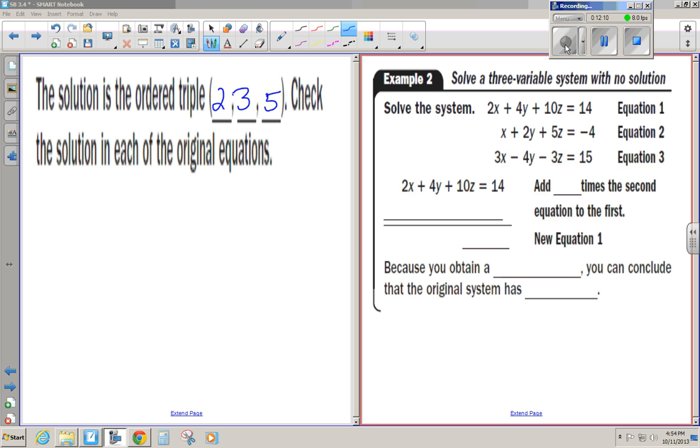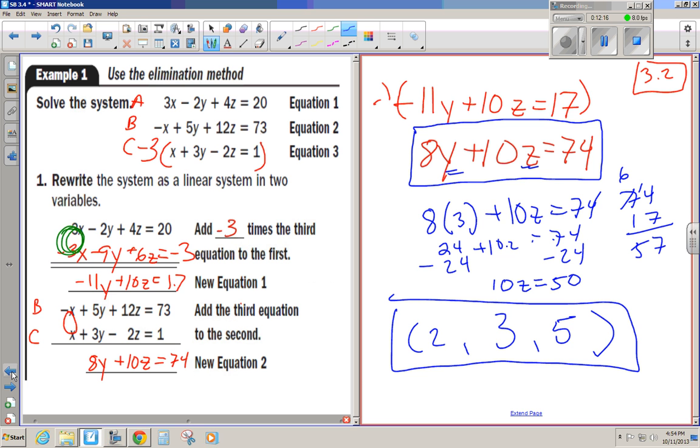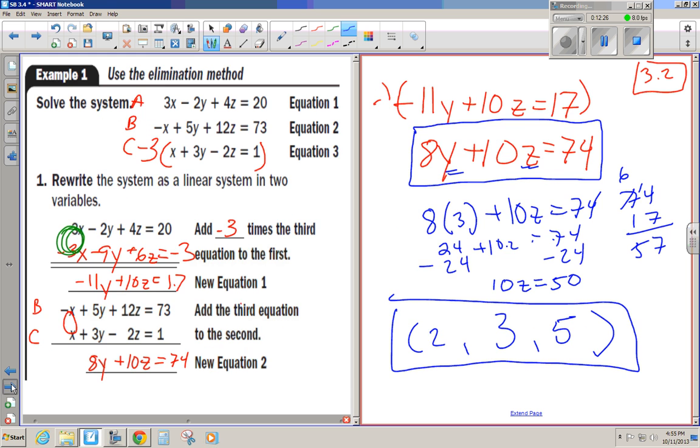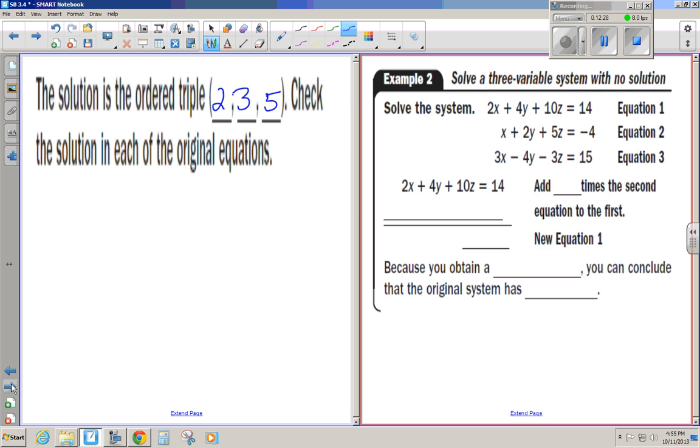Let's get started on example 2. This one is with no solution. So if you go back to the steps, you should see that if you obtain a false equation, such as 0 equals 1, at any time during the work, the system should have no solution. So let's take a look at these and decide, looking at the variables, which ones look like the best variables to get rid of.